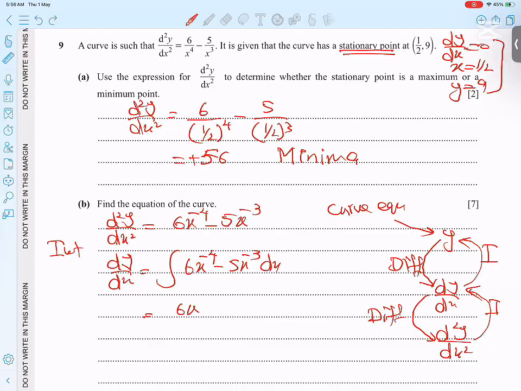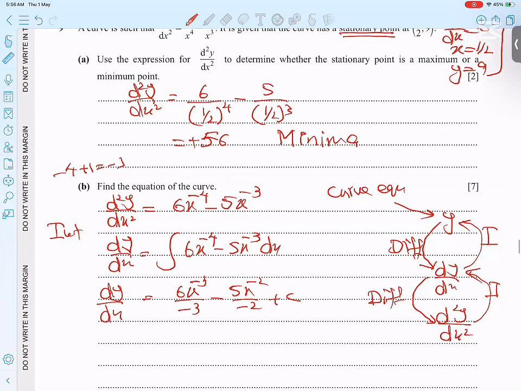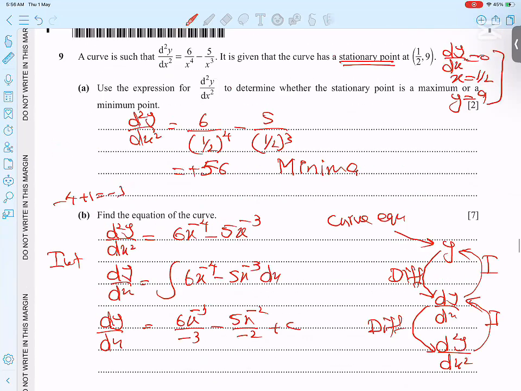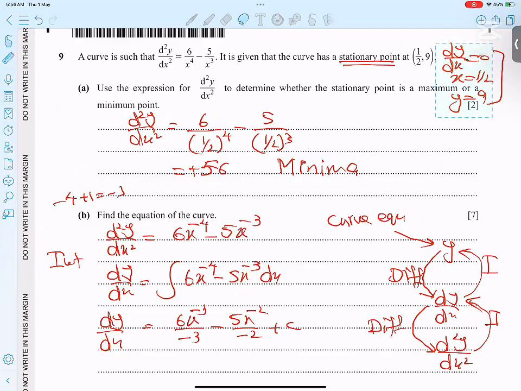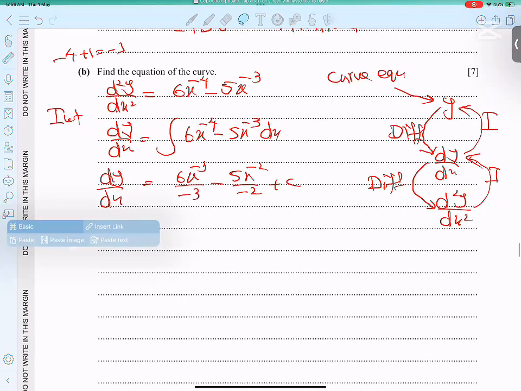When I increase by 1, I get negative 3, so divided by negative 3. Same story here, divided by negative 2, and plus c. I hope this is clear. Don't forget the data given at the top. This is very important data which we'll use here.